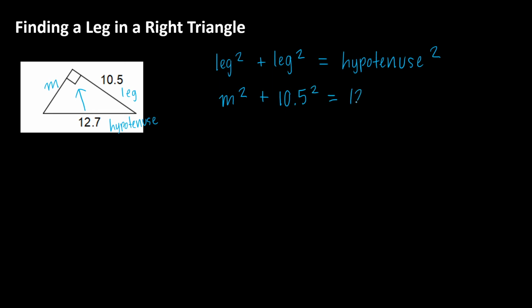So that's 12.7 squared. So we need to square everything once again.